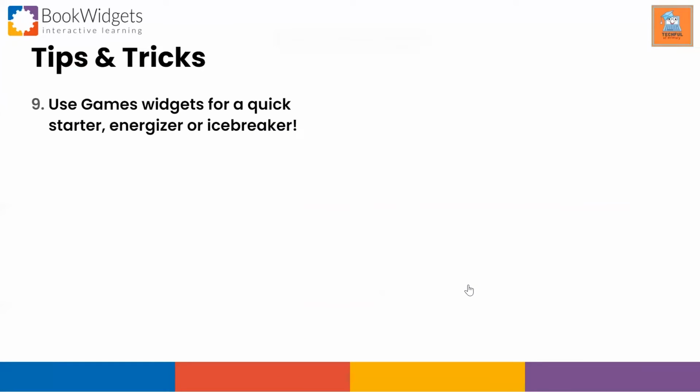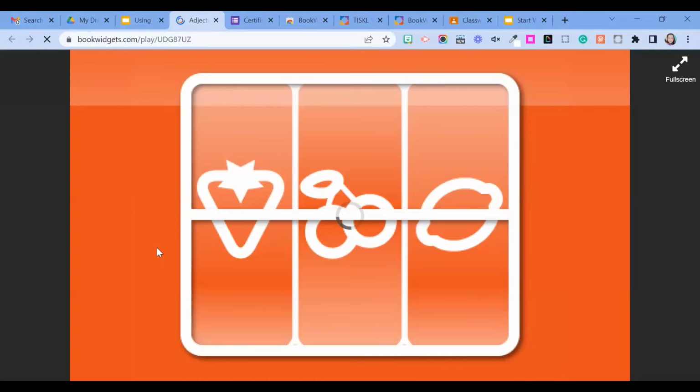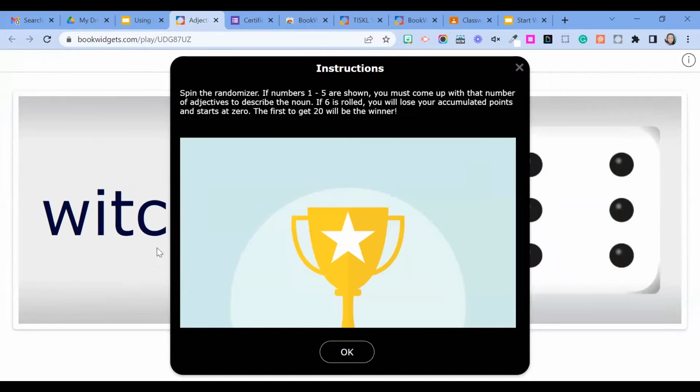There's 2 more. Of course, use games widgets for a quick starter, energizer, or even icebreaker. There's a lot of games you can choose from. I always start with, this is one example, a randomizer.